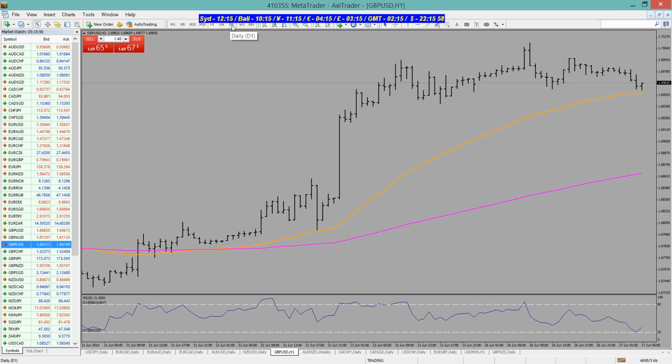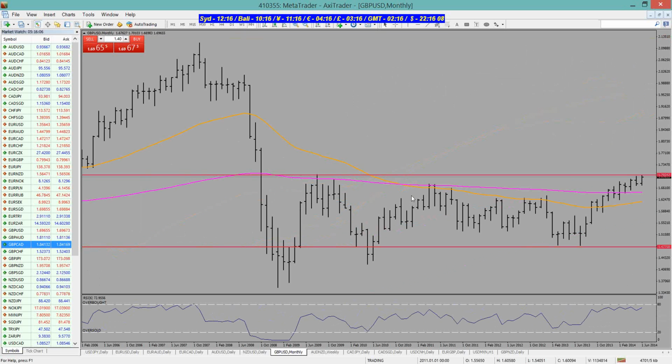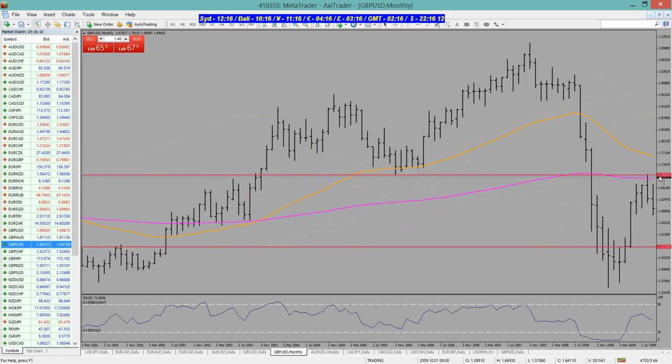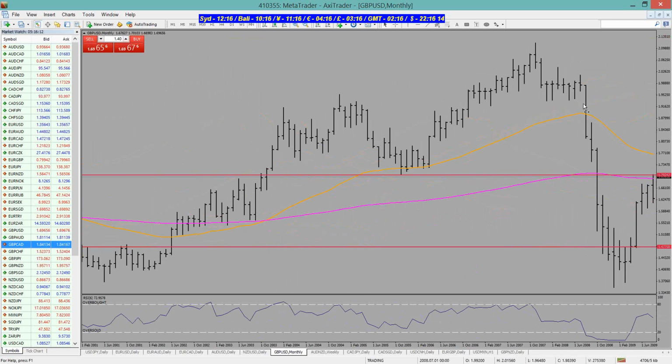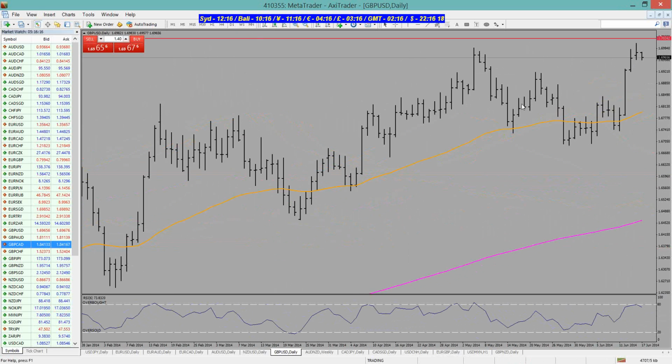Look, being long pound, I think is potentially a good thing, but on the daily, this $1.70 is a pretty hard level, and if you look at the monthly and go back in time, you can see that 70.25 is even stronger. And I don't know if it's got the legs, not when it's here.